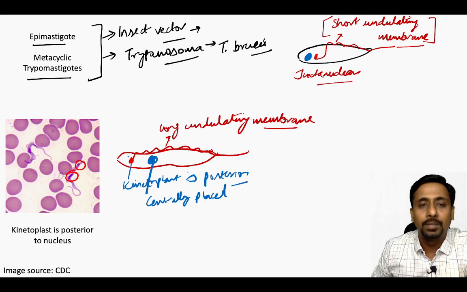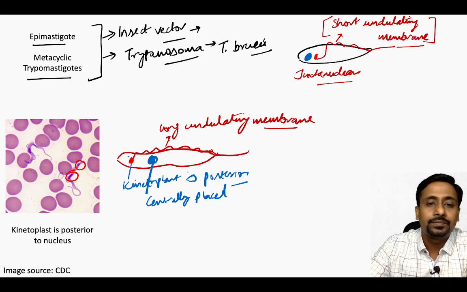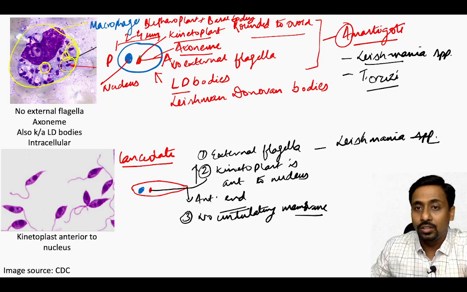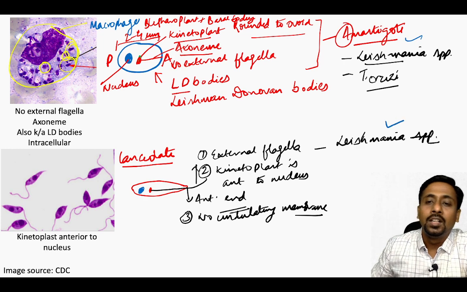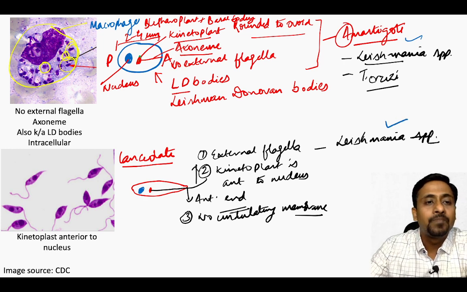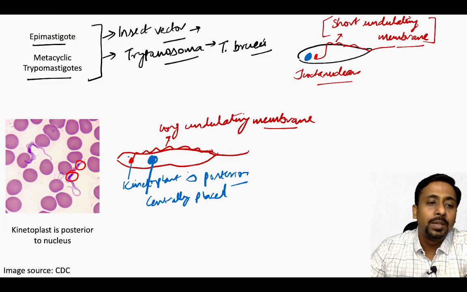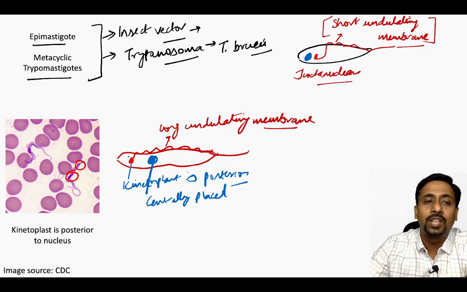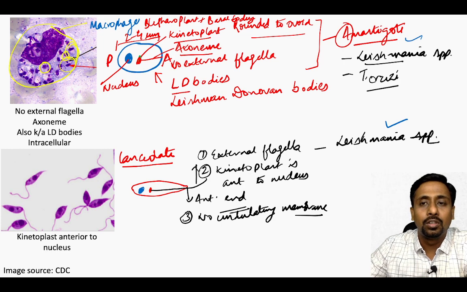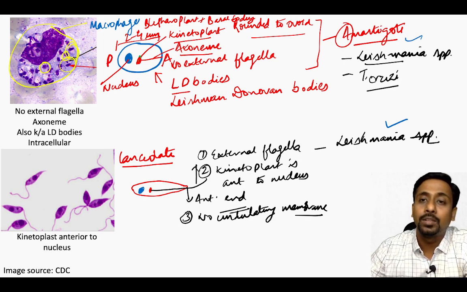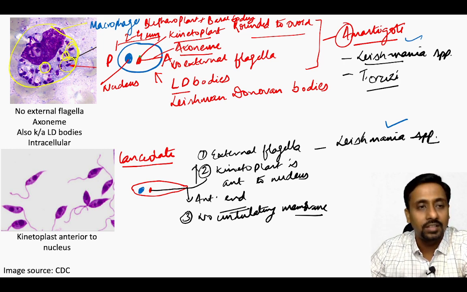So remember that in Leishmania we will see only amastigote and promastigote, whereas in Trypanosoma brucei, we will see epimastigote, metacyclic trypomastigote and trypomastigote, whereas in Trypanosoma cruzi, we will see additionally an amastigote form, which in Trypanosoma cruzi is known as the leishmanian form, and in Leishmania, it is known as Leishman-Donovan bodies.